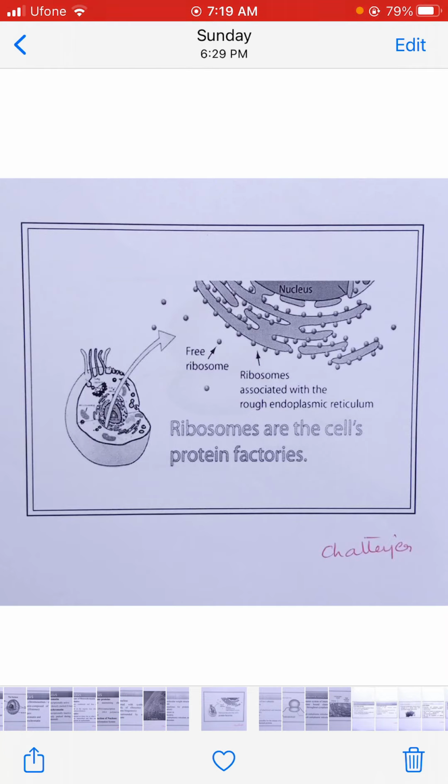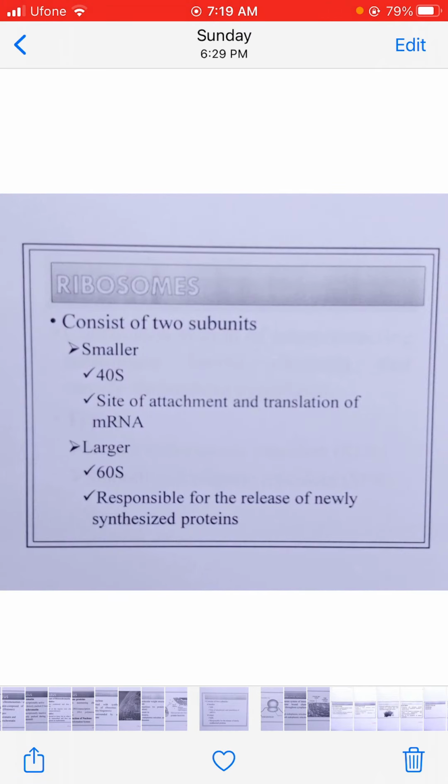The structure which is extended from the ribosome is called the rough endoplasmic reticulum, and these free ribosomes are the cell's protein factories. They are composed of two subunits, the smaller subunit and the larger subunit. You already have a little idea about these smaller and larger subunits.